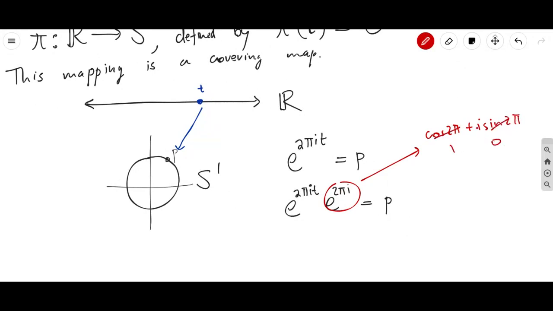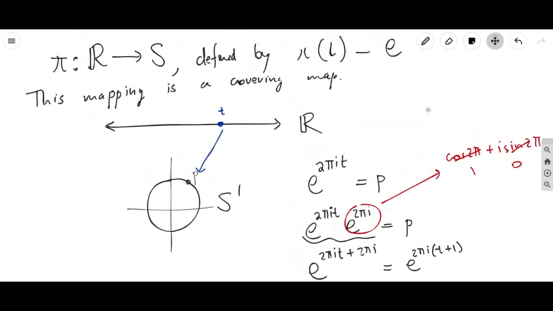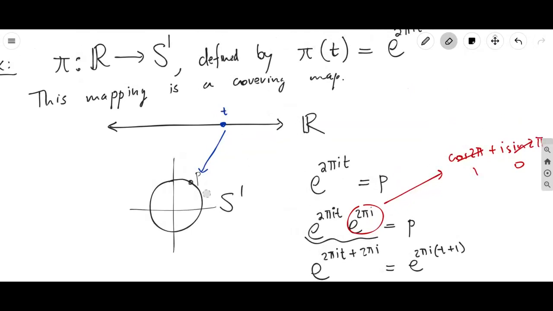That's just a complicated way of writing the number 1. If you add the complex exponentials, this is 2 pi i t plus 2 pi i, and if you factor out the 2 pi i, this is 2 pi i times t plus 1. So if you found the t that goes to p, then you can translate everything over by 1. So t plus 1 is also being mapped to p.